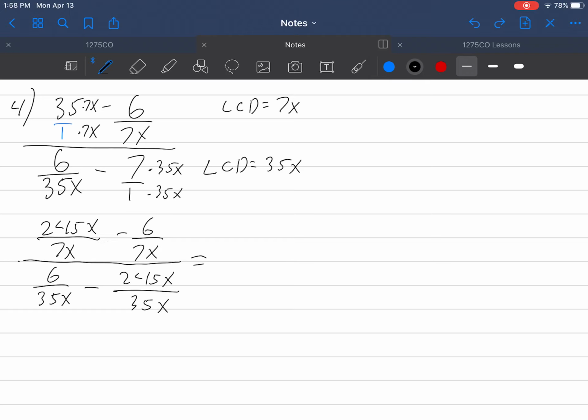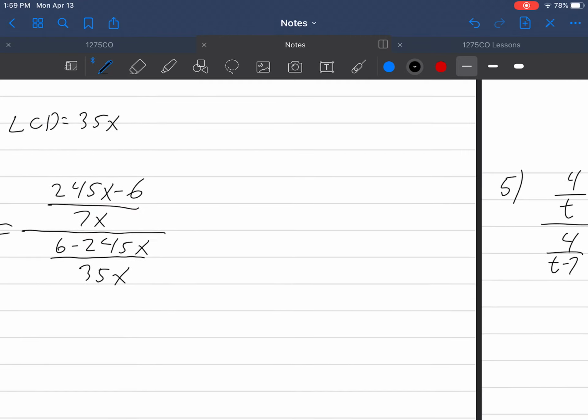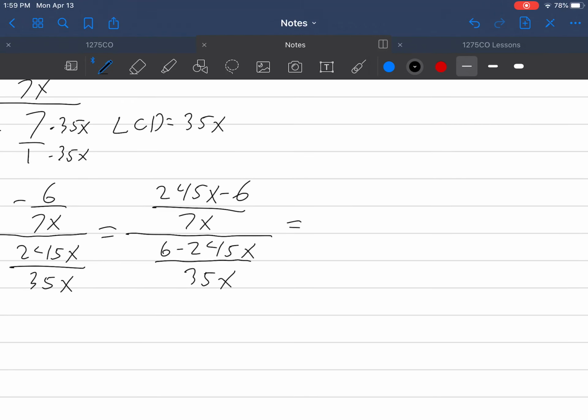So since these are not like terms, they don't actually subtract, but they do combine into a single fraction because the denominators are the same. So 7x is that denominator. Same thing with the bottom here. 6 minus 245x is equal to just 6 minus 245x.